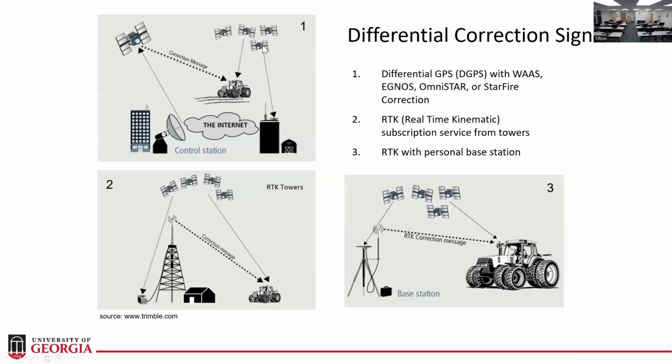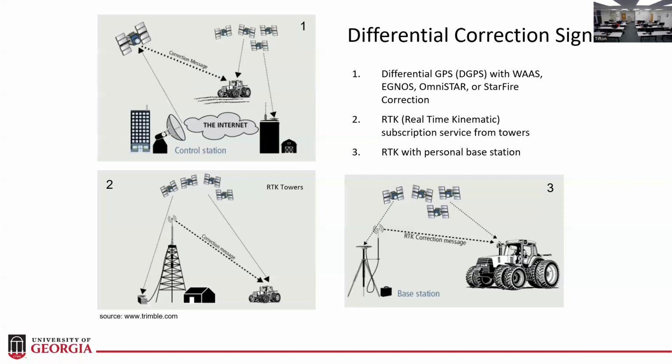You're receiving signal from different satellites, and then you have a base station that is also doing the same thing, calculating the equation to correct the error. But instead of transmitting this correction message directly to your receiver, it's sending it through a control station to a geostationary satellite in space.